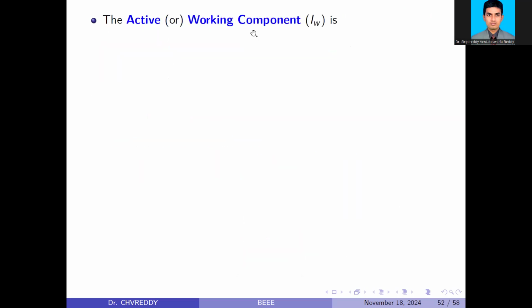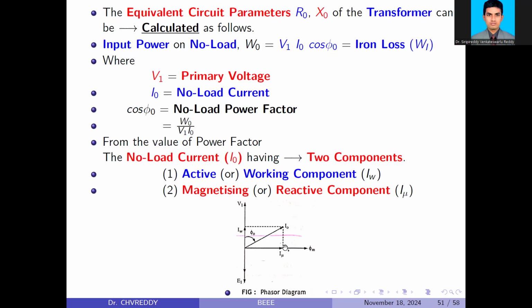The active or working component Iw equals I0 cos phi 0. If you observe this figure, I0 is the phasor sum of Iw and I mu. So the no load current has two components: one is the active component Iw, and the other is the magnetizing or reactive component I mu.